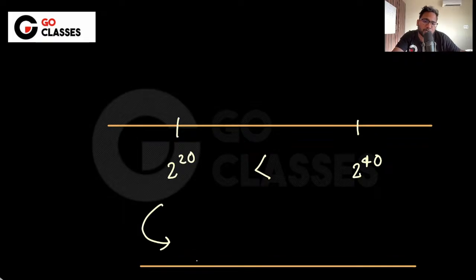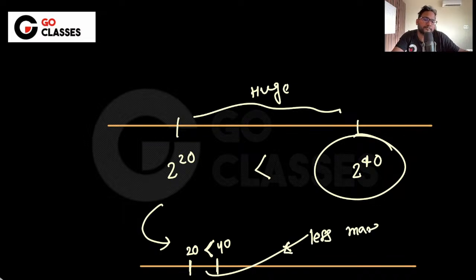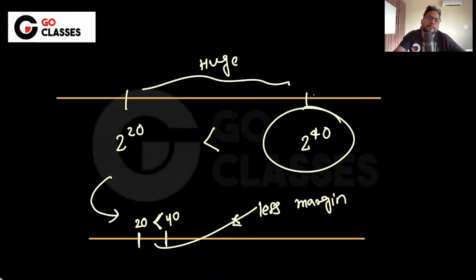But this gap is huge, this is greater by a huge margin. After taking the log, this is 20 and this is, let's suppose, 40 only. This is still greater, but with less margin. Do you understand this? Let me know. Is this fine to everyone?